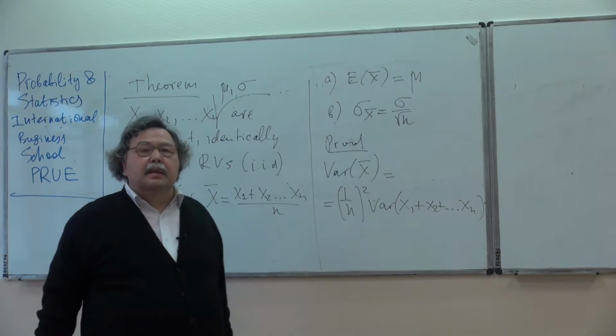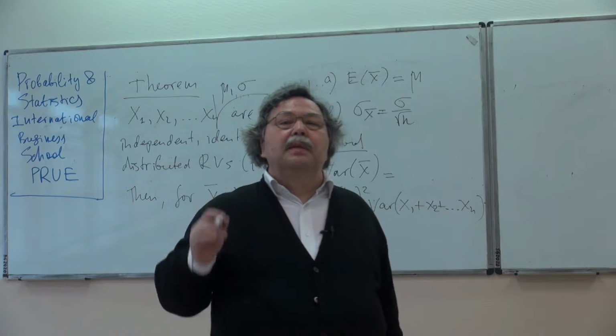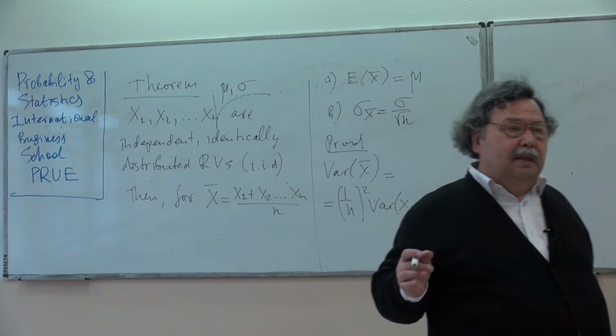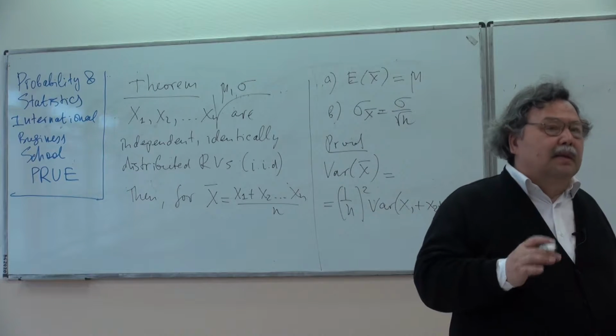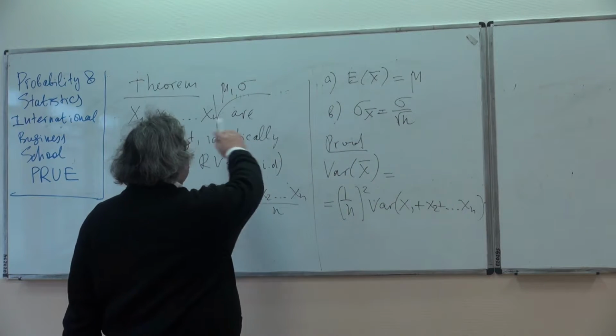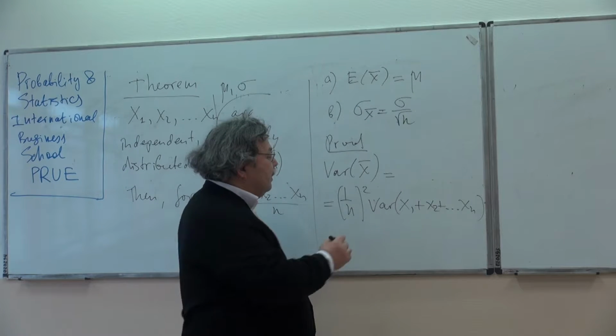And the next thing is this: the variance of the sum of independent random variables is equal to the sum of the respective variances. And that was, again, something that we already discussed. And this is one of the assumptions that we make here, that x1, x2, up to xn are independent. Okay?